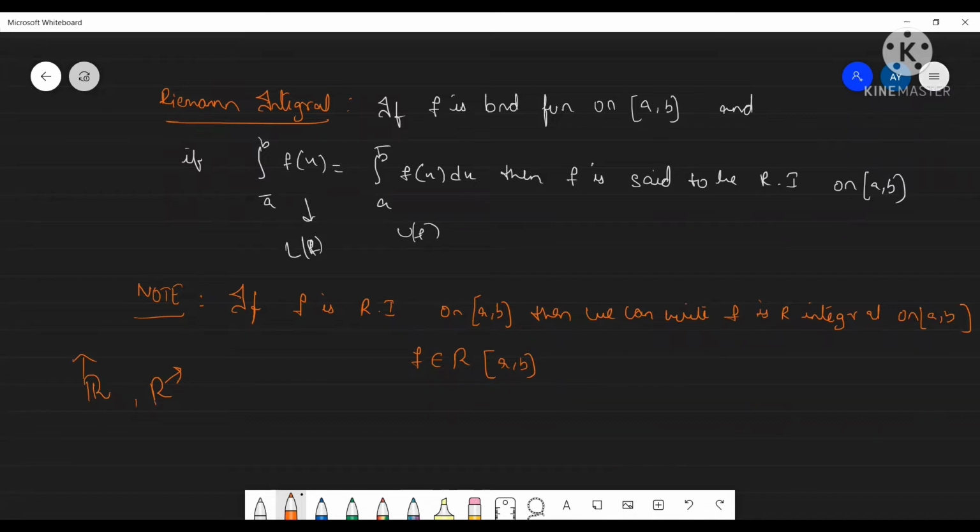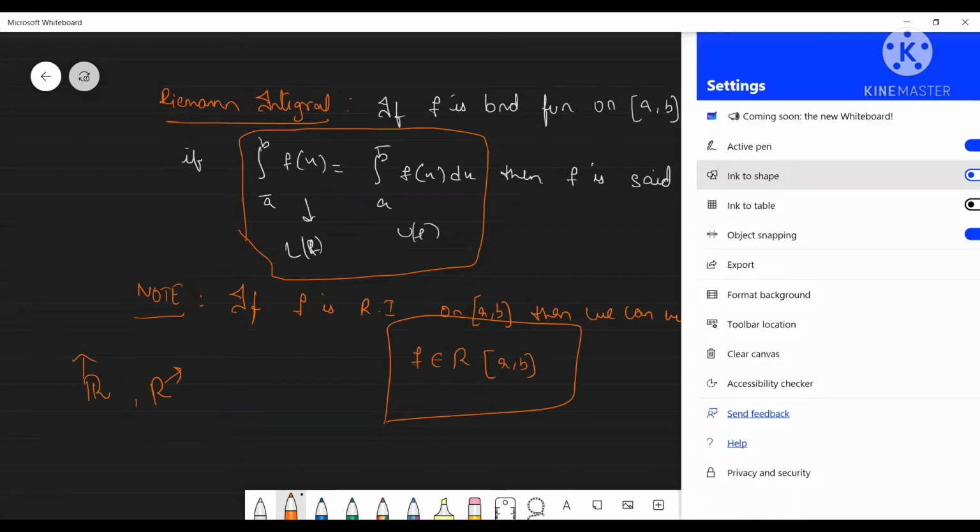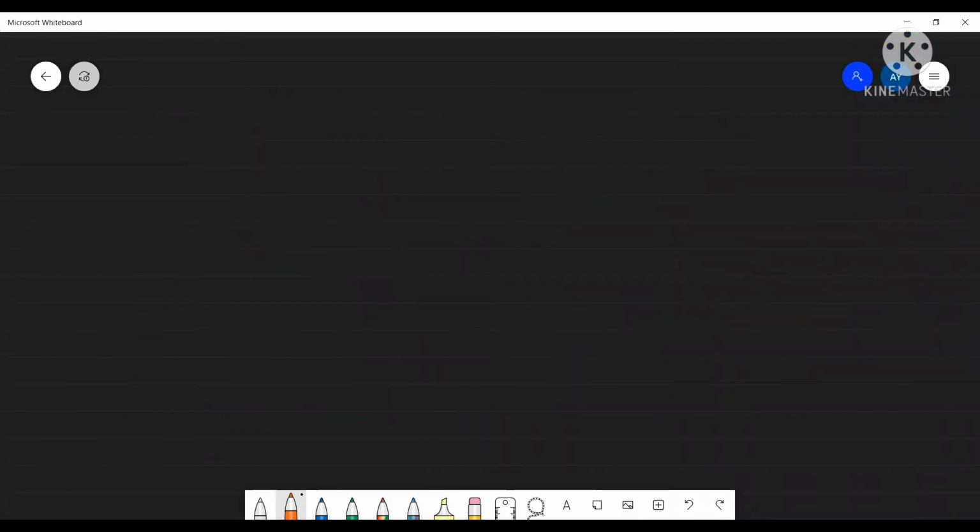Okay, now let's move on to the proof. Just remember that if U(P) and L(P) are equal, that is, the upper Riemann integral and lower Riemann integral are equal, then that is said to be Riemann integrable, and this is the symbolic form. Now let's look into Theorem 6, which says if f belongs to R over [a, b], then minus f also belongs to R[a, b].